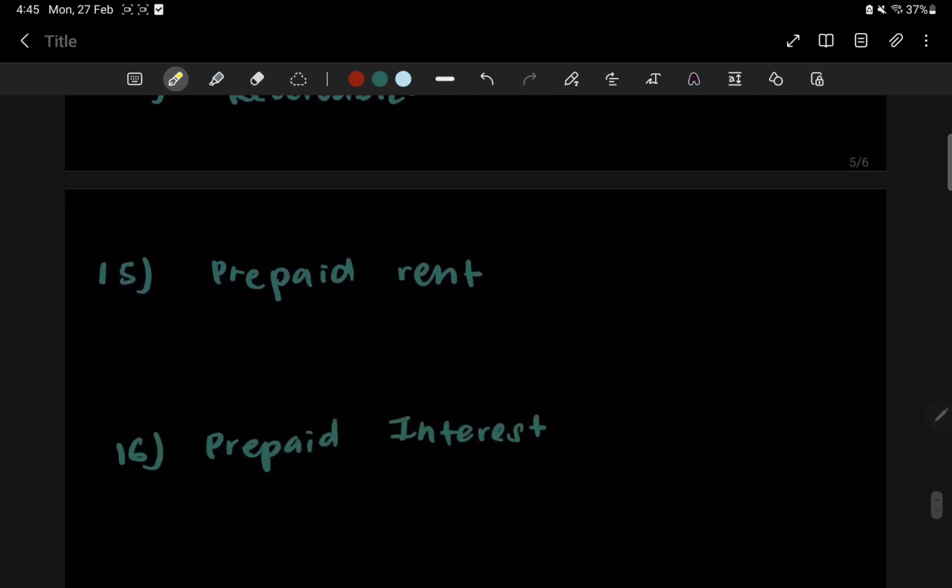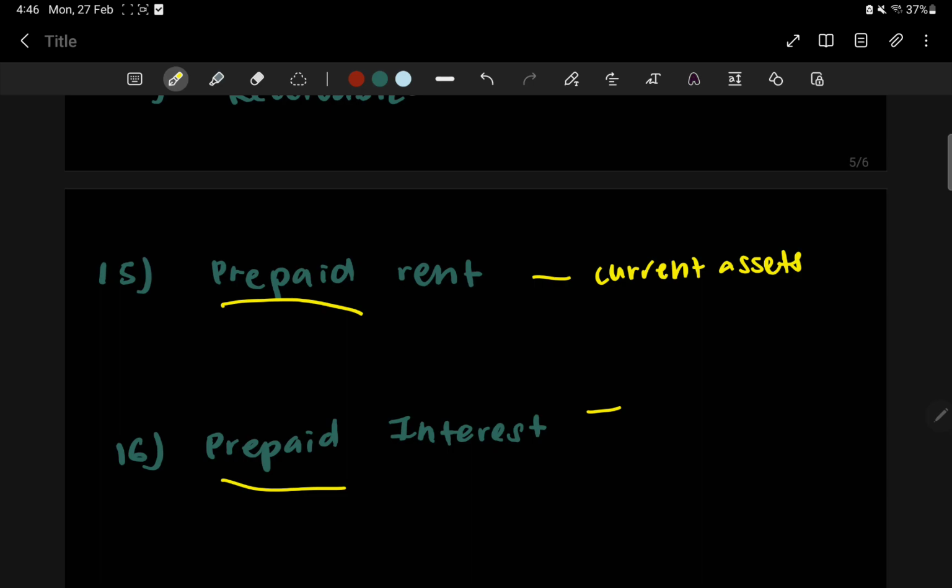How about the prepaid rent and prepaid interest? Prepaid rent is actually a current asset. Whenever you say prepaid, it means they pay earlier.